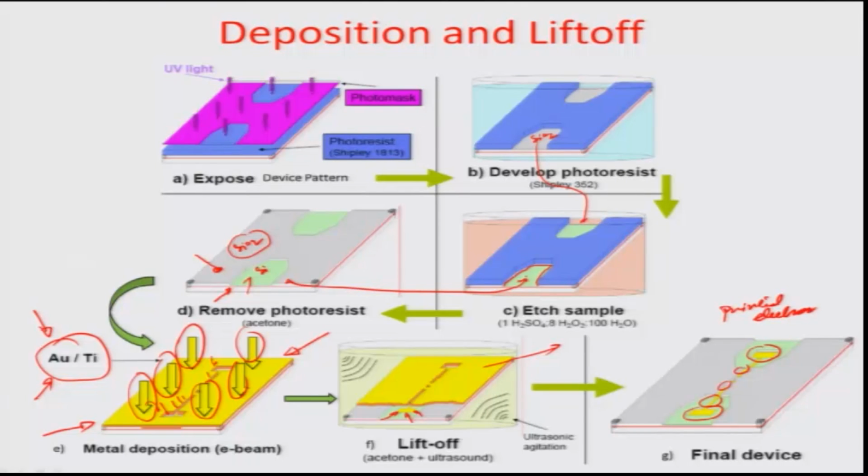So you could actually use this sacrificial resist mask for actually printing this kind of structures on the surface of the silicon wafer. This is actually your final device.